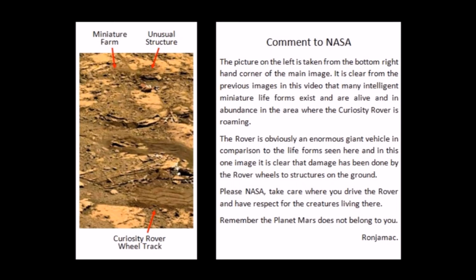At the top you can see the little farm and that unusual structure that I showed you earlier. So I think you can just imagine that the Curiosity rover is some huge giant construction compared to all the little tiny creatures that are in the images below previously.